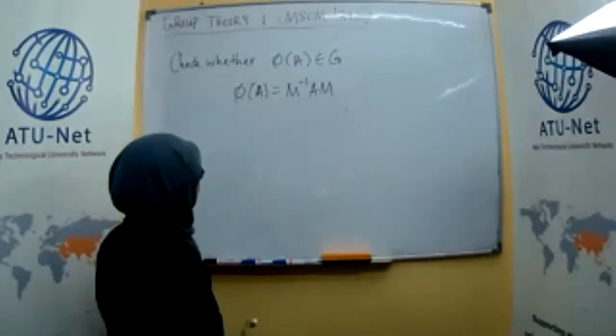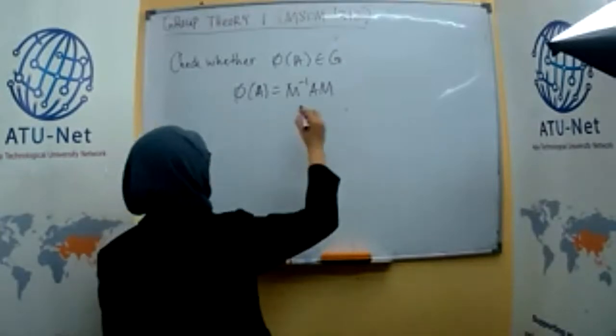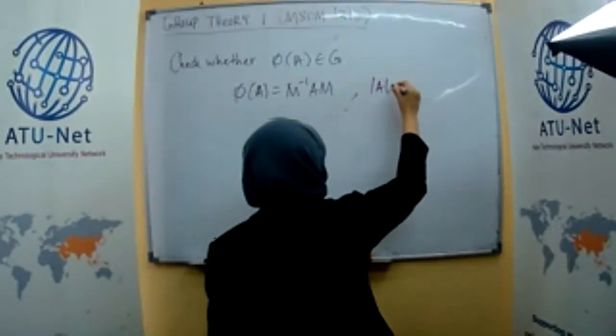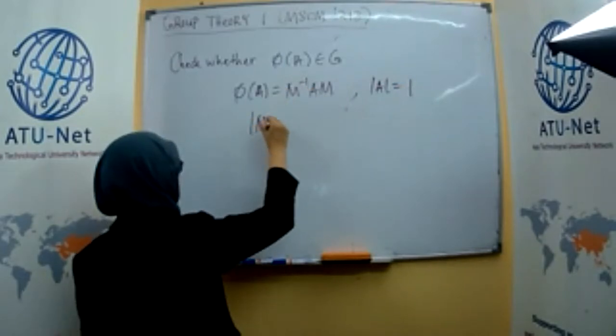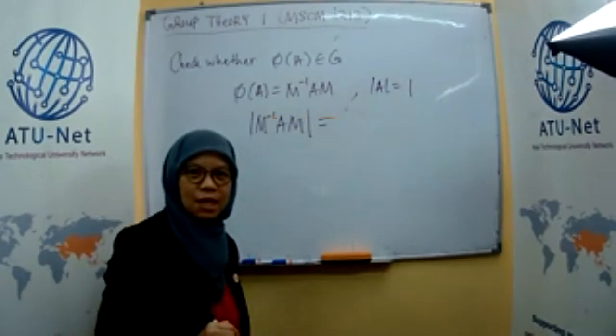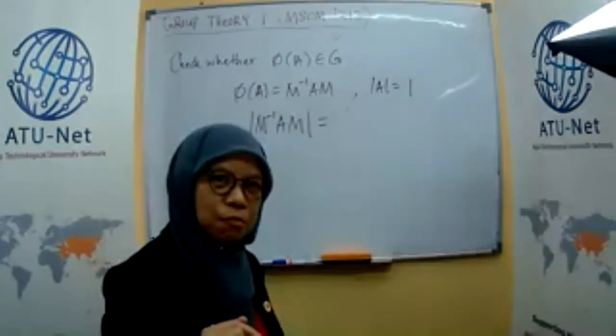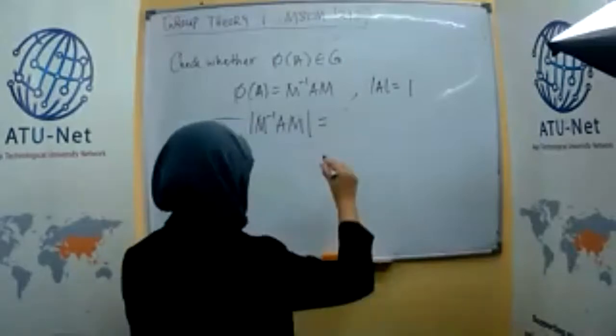So you want to check the determinant, right? This is because A is in G. Now, the determinant of M inverse AM: the determinant of a product is the product of the determinants. You have to remember this from linear algebra.